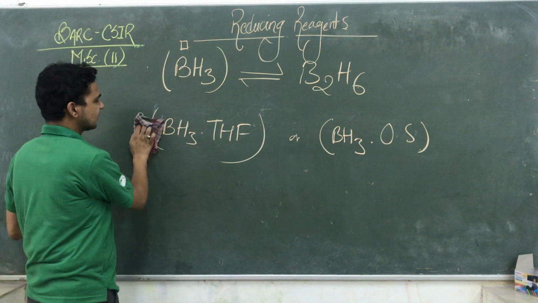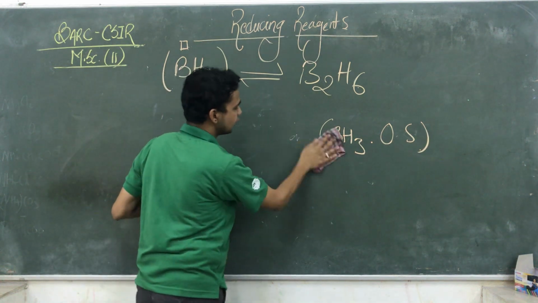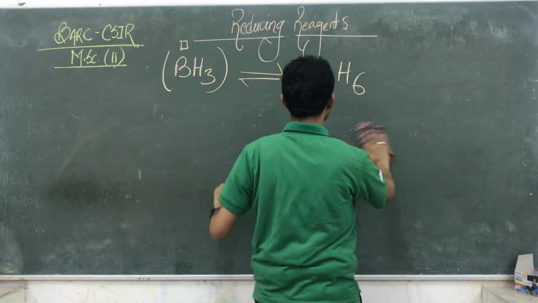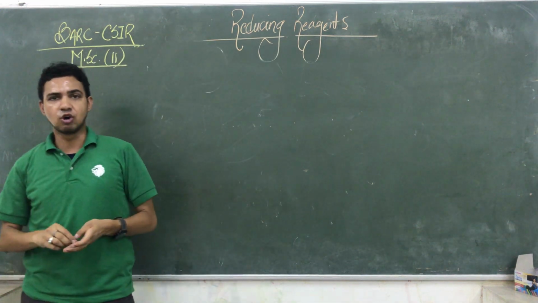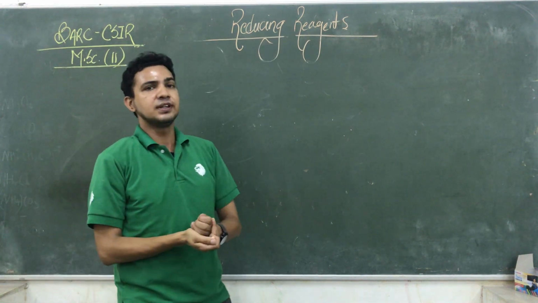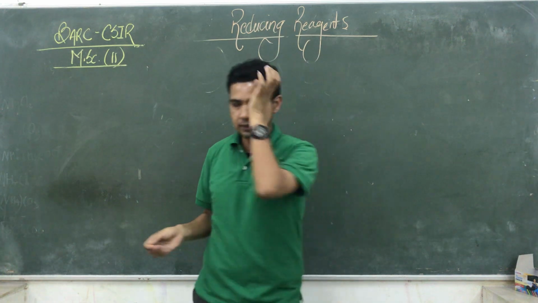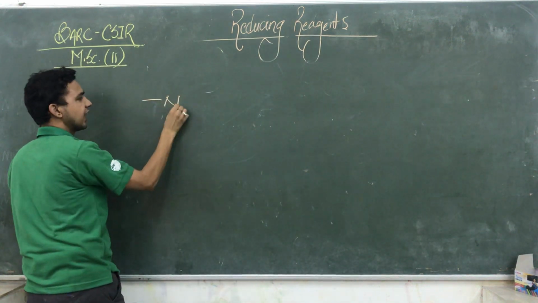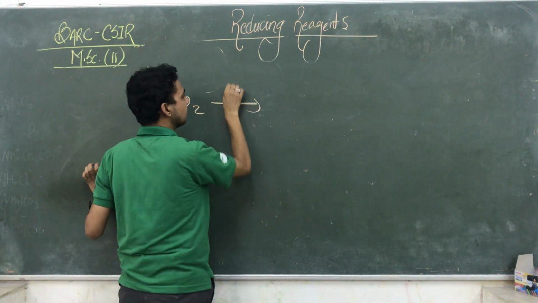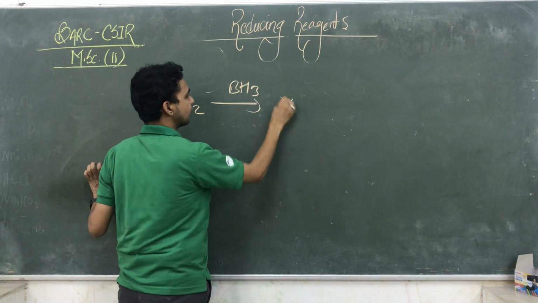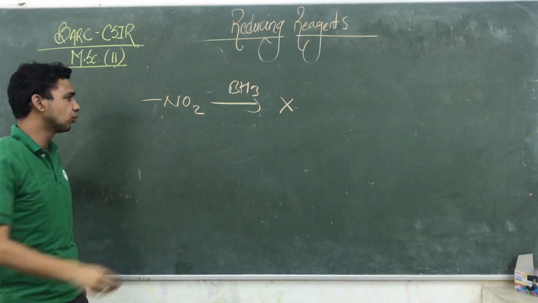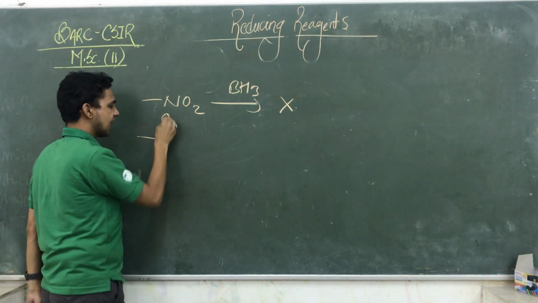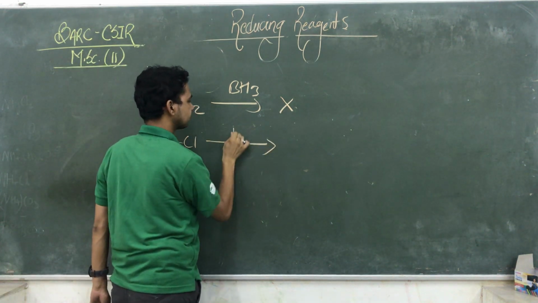Generally BH3 helps in the reduction of aldehyde compounds, except acid chlorides. Generally these compounds are not converted; BH3 is not able to convert nitro groups. So BH3 is not able to convert these nitro groups as well as acyl chloride groups.